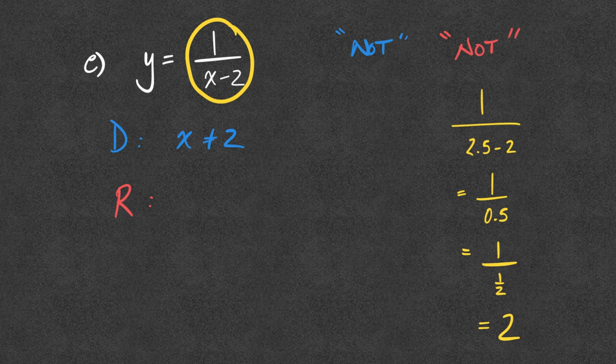There's 2. There's how I can get bigger numbers. As my x value gets closer and closer to 2, my denominator is going to become smaller and smaller. Since my denominator is small, 1 divided by a really small number actually becomes bigger.